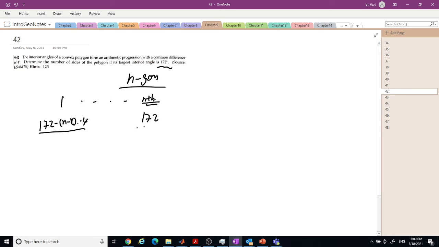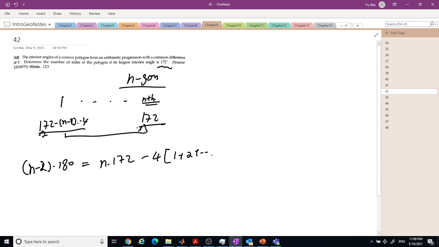Now we have all n angles. All the n angles together sum to (n minus 2) times 180. We have n times 172, and from the rest we need to take out 4 times (1 plus 2 up to n minus 1).